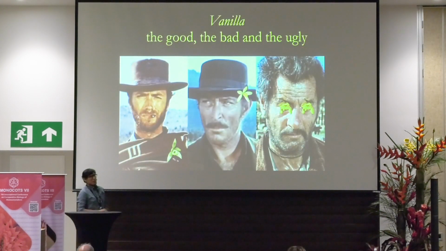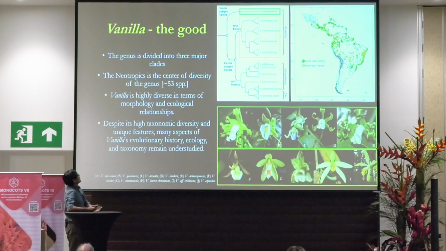So now, I hope you get the reference, but what we want to talk about is the good, the bad, and the ugly about doing vanilla systematics. And the good thing is that since we have so much Sanger data, this has given us really good clues about the relationships within the group. That's how we divided the genus into three major clades.